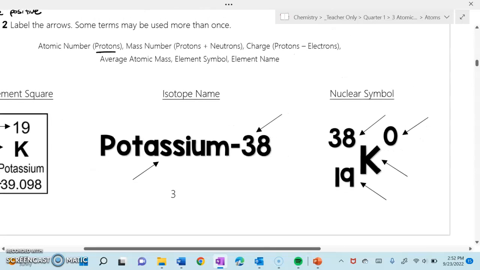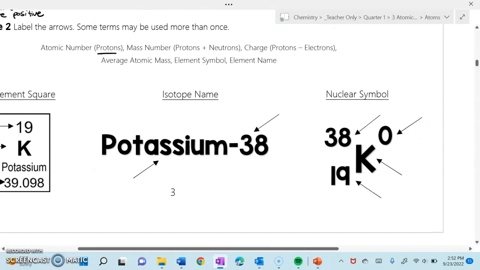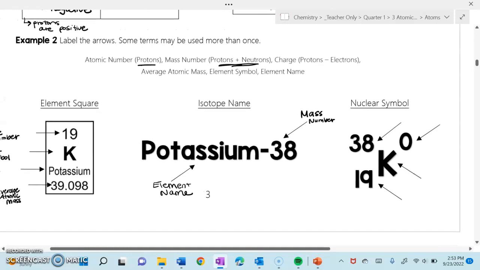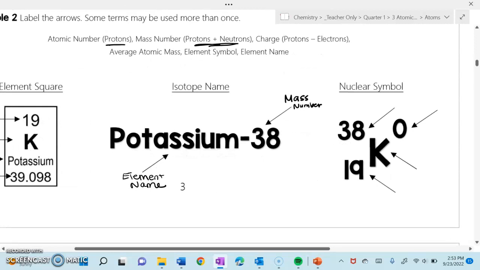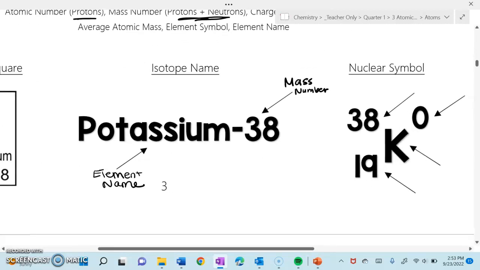And then the other 2 ways we can write our notation for atomic information: first is an isotope name. So we have potassium, again there's our element name, then we put a dash, and we put the mass afterward. Remember, this is our mass number, it is protons plus neutrons for our specific atom. Different than average atomic mass, which is the average of all of the isotopes that exist for an element. Mass number is for a specific atom.